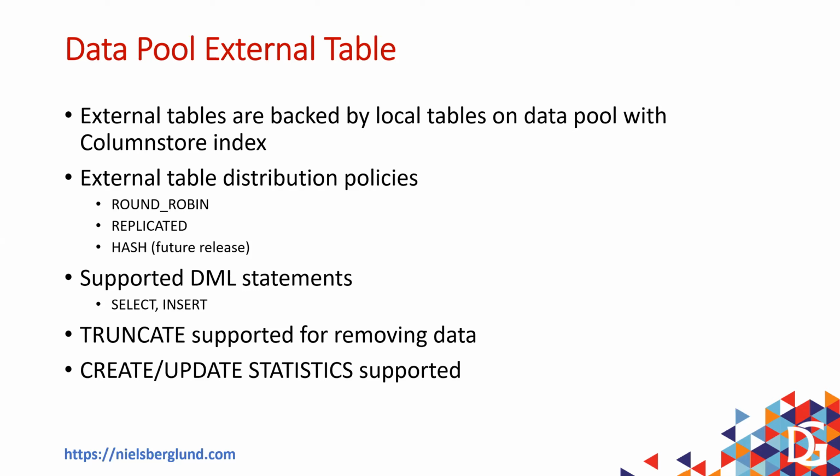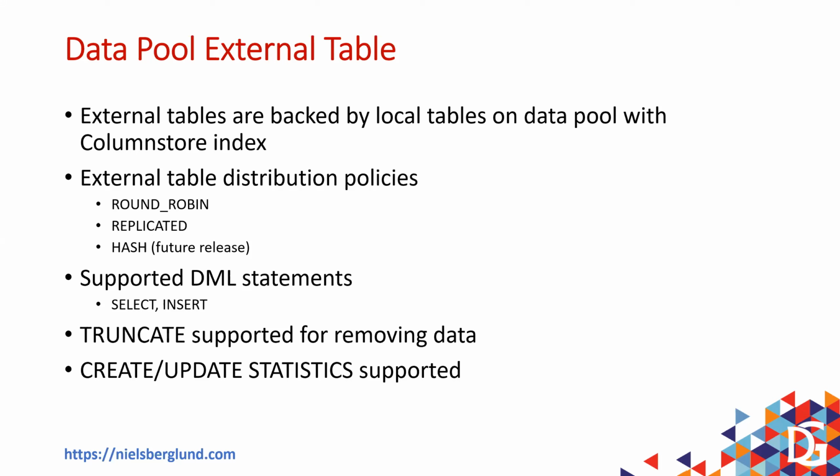When I'm ingesting data in the data pool, I can distribute it in multiple ways. Right now we have only two ways. One is round robin, where, if I'm ingesting 500,000 rows and we have two SQL instances, around 250,000 will be inserted in one, and the other in the other. In the future, you will be able to define distribution policies by a hash.